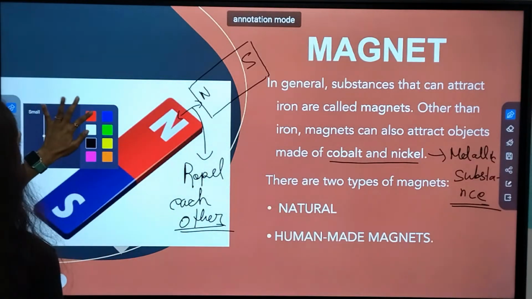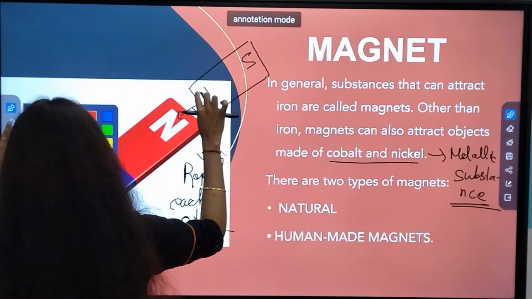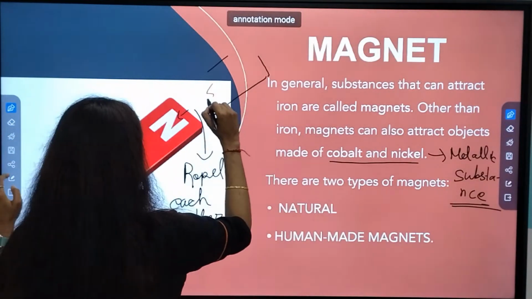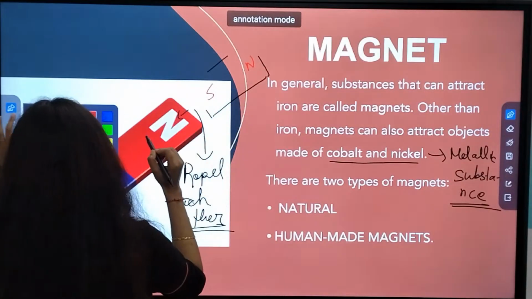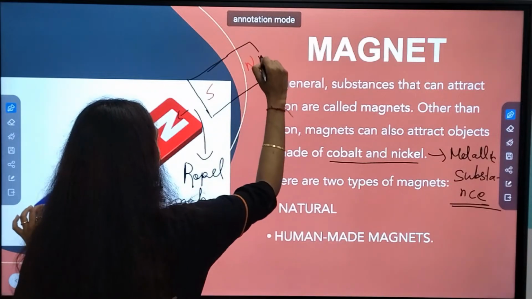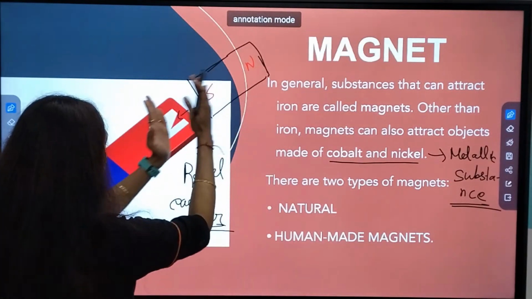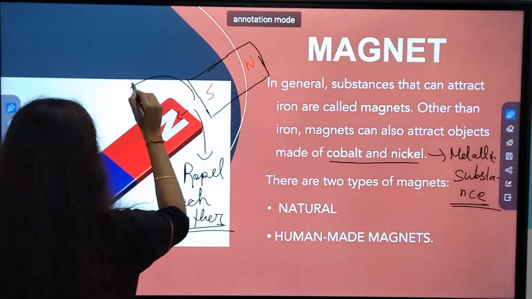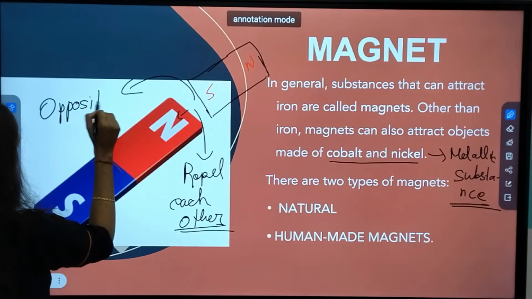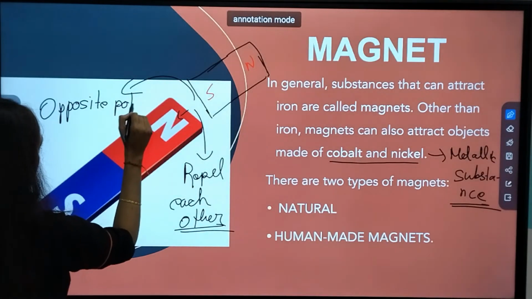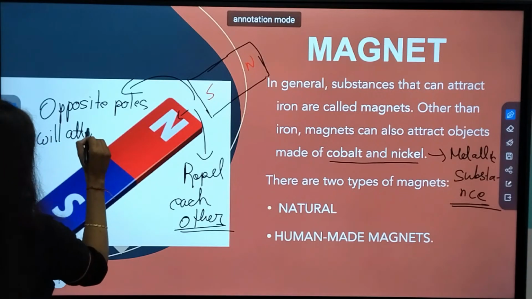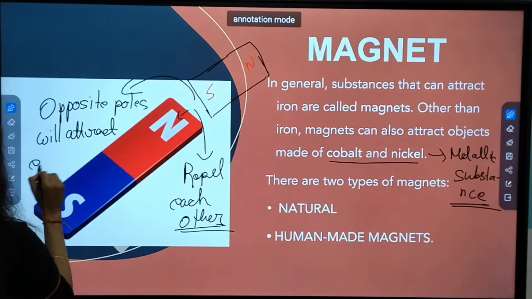Again, if you bring the south pole and north pole together, opposite poles will always attract each other.